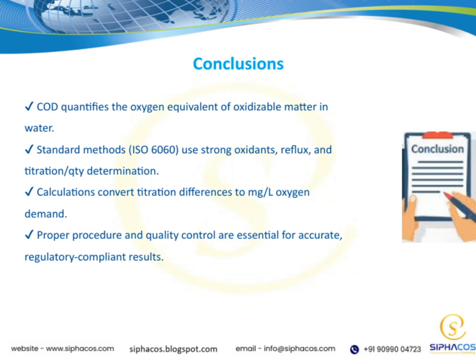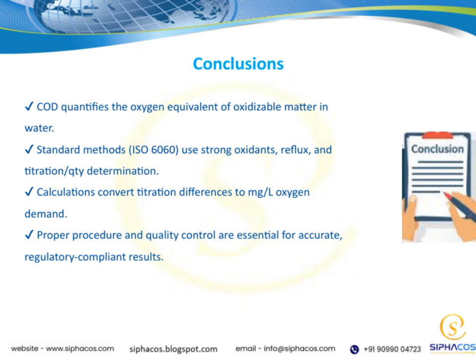These methods are designed to be consistent and reliable. The calculations involved take the differences in titration results and convert them into milligrams per liter of oxygen demand. This conversion is crucial because it allows us to quantify pollution levels accurately.